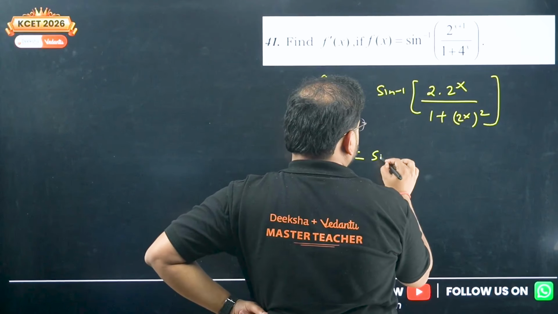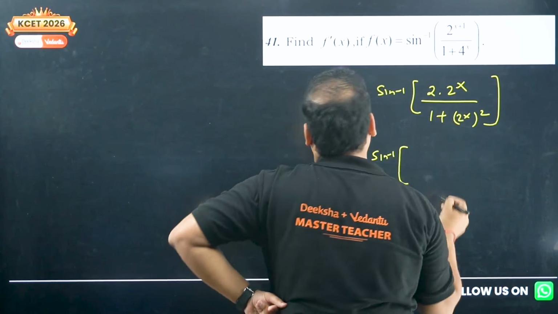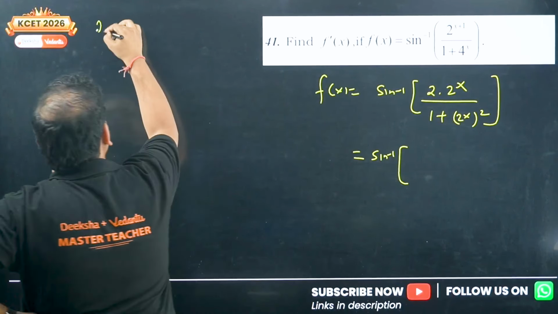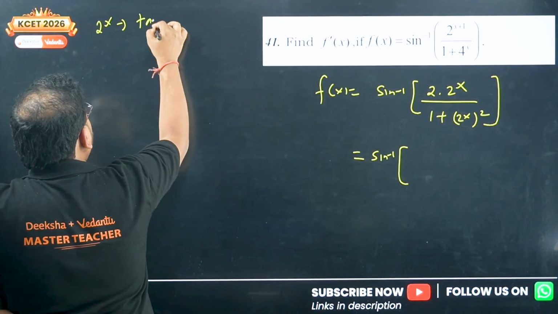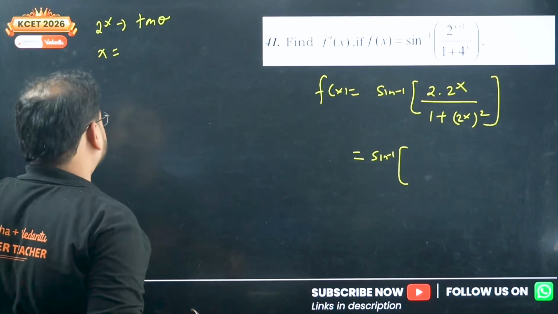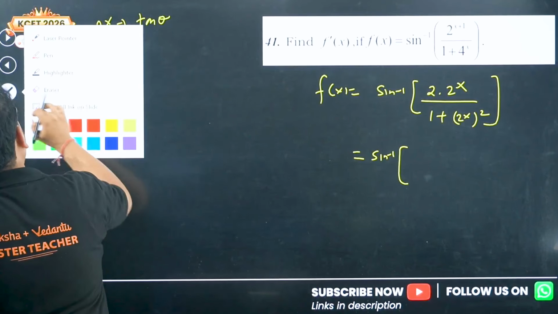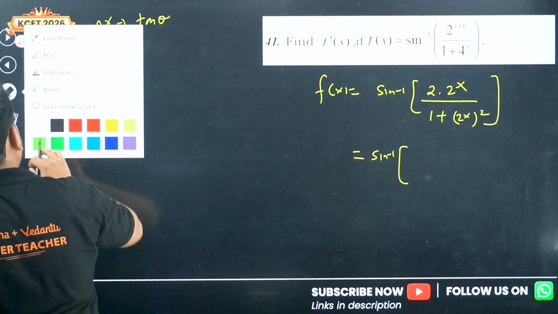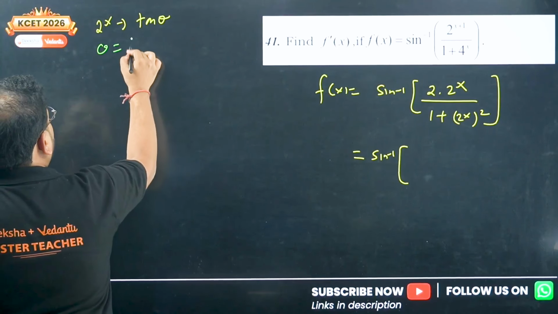Sine inverse as it is. I'll write 2 power x as tan theta. So it will become what? Sorry, not x. I'm writing this over here as well. Theta will become tan inverse of 2 power x. Just for reference, we're going to use it later, no?